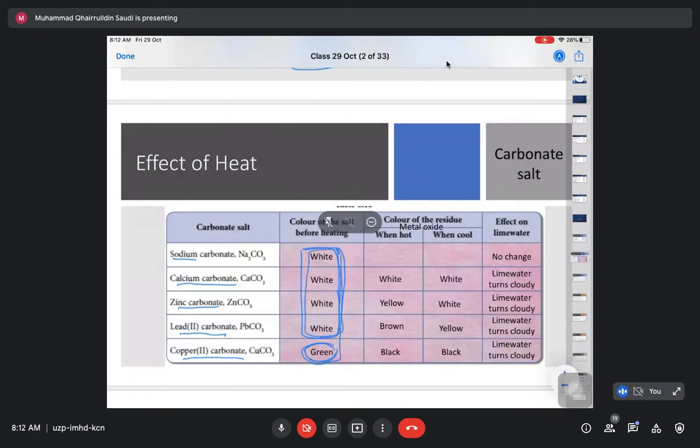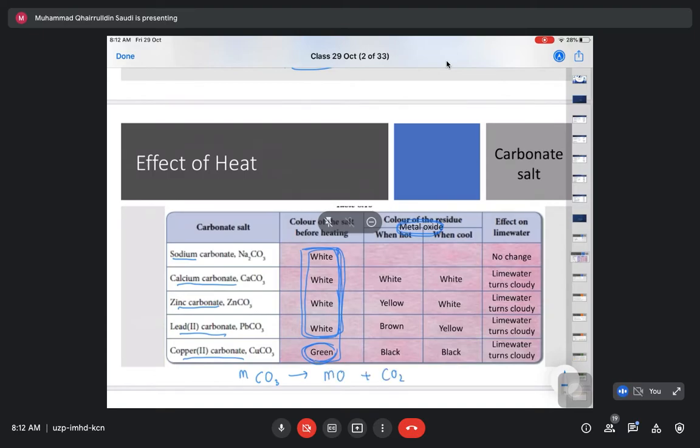Okay, so bila kita heatkan mereka akan dapat the residue is metal oxide. So metal oxide untuk calcium carbonate, dia jadi calcium oxide lah sebab bila kita heatkan metal carbonate, kita akan dapat metal oxide plus carbon dioxide gas.